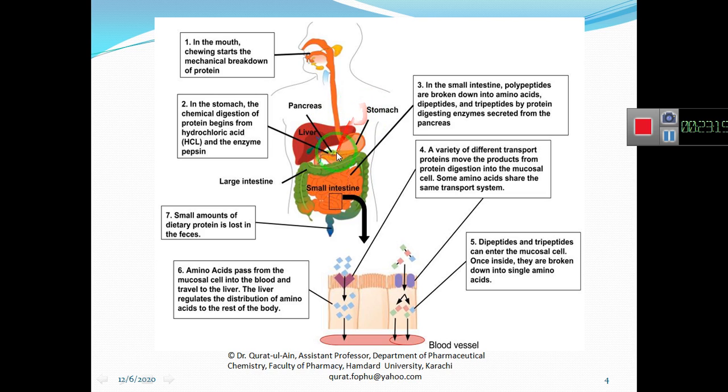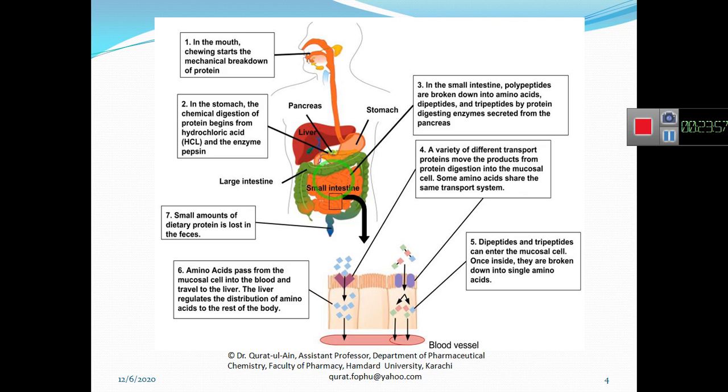Means protein is digested in your mouth with mechanical digestion, and then it reaches the stomach where both chemical and mechanical digestion take place. For the mechanical digestion, the stomach's churning movement helps, and for the chemical digestion, pepsin enzyme and hydrochloric acid help to break down long polypeptides into dipeptides and tripeptides. These dipeptides and tripeptides reach your small intestine, where you are having the enzymes dipeptidase and tripeptidase.